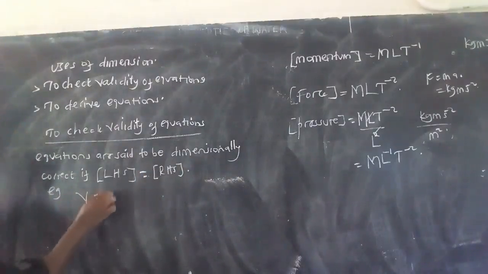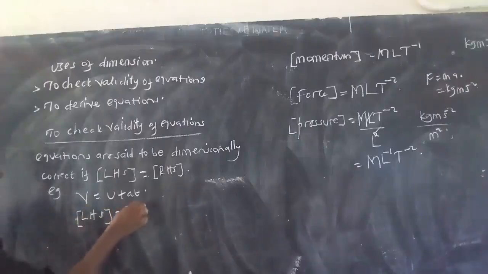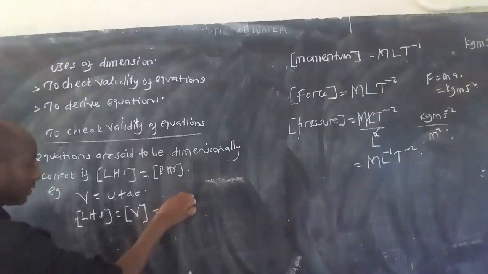V is equal to U plus AT. Show that the equation is dimensionally correct. So we shall start with dimensions of left hand side, which is dimensions of V. But V is meters per second. Meters is length, per second is T negative 1.